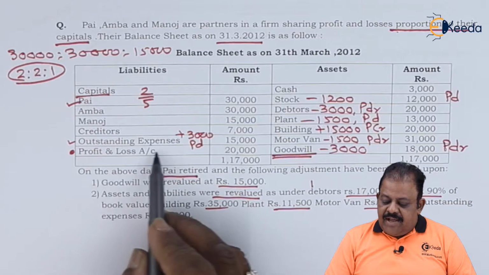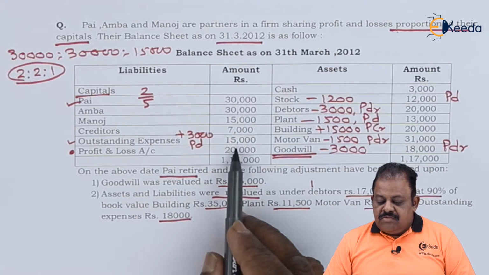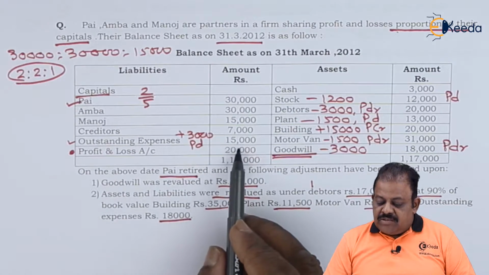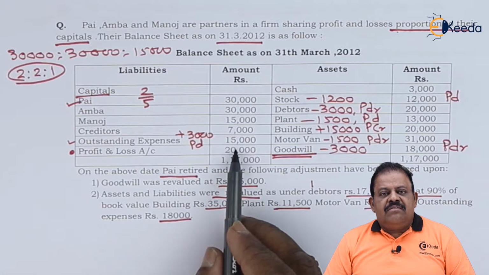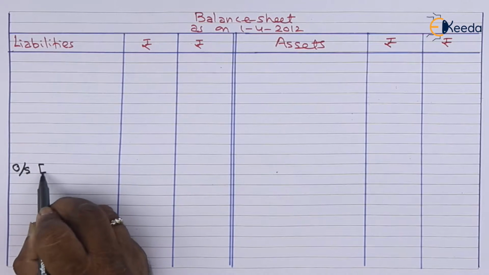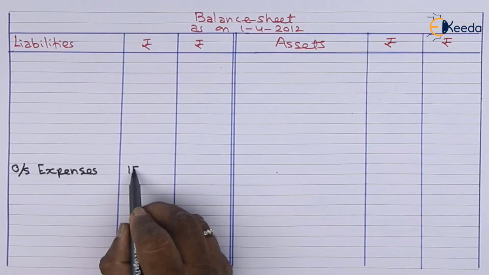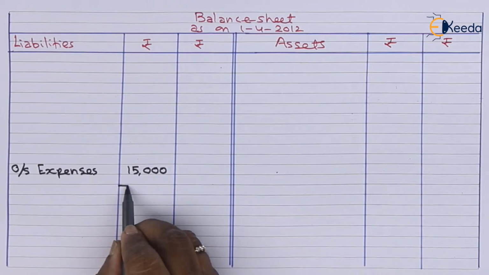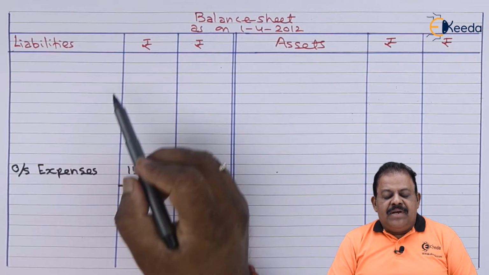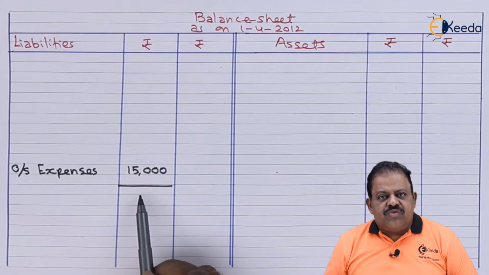On the liability side, we have outstanding expenses 15,000. There is an adjustment on this. This will be recorded in the new balance sheet in the inner column, 15,000.